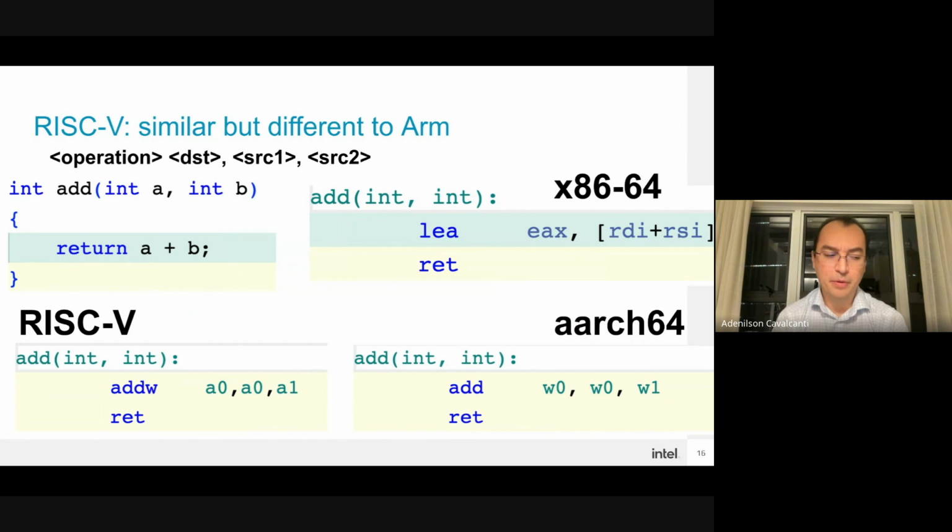In case you are wondering, LEA stands for Load Effective Address, and the RDI and the RSI stand for Register Destination Index and Register Source Index. So it's, I would say, an interesting instruction that allows you to add up to 3 arguments, if I recall correctly. And you can do stuff like add and multiply one of the arguments by a constant. You can exploit it when, say, you're accessing elements in an array, and so on. So, yeah.